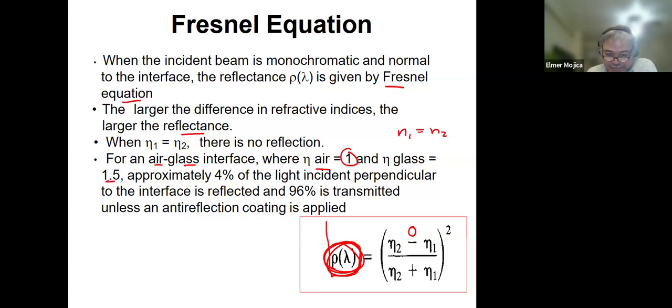So you get around what? 4% of the light incident that is perpendicular to the interface that is reflected, and 96% is transmitted unless an anti-reflection coating is applied. Can you try? If this is the value that you have, if you really get 4%, the one that is reflected.